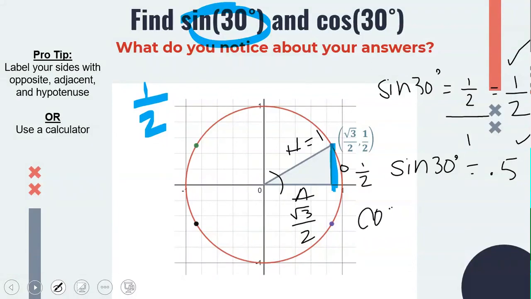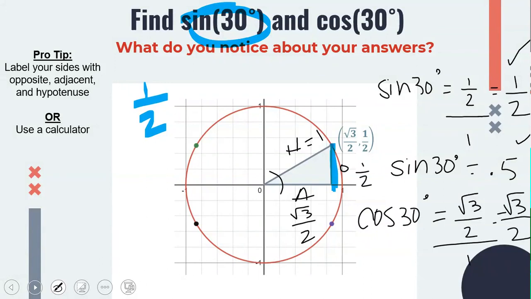If we were going to do cosine of 30 degrees, let's set up our SOHCAHTOA first. CAH, that's radical 3 over 2, divided by 1. Again, square root of 3 over 2. That means we're looking at the adjacent side.